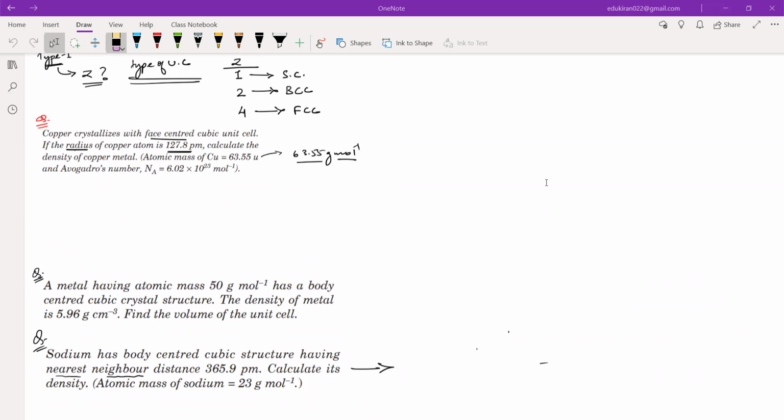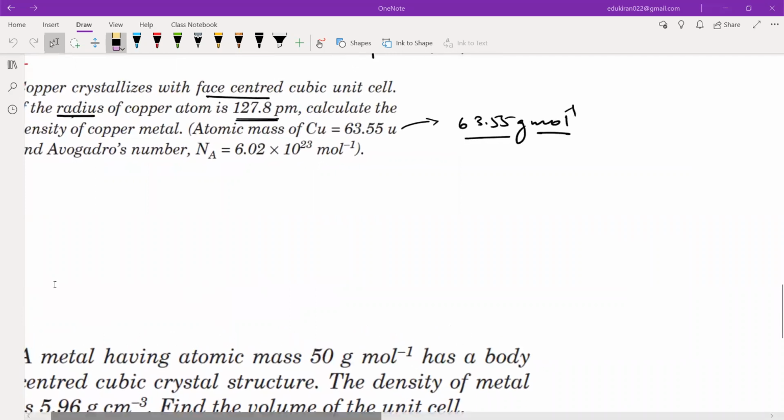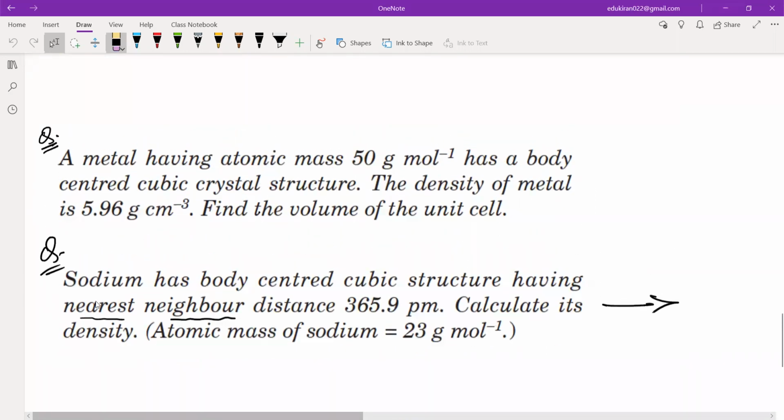Tell me the unit, only when you tell the unit will we know. What is the unit? Send me the unit also. No, then it is not right.